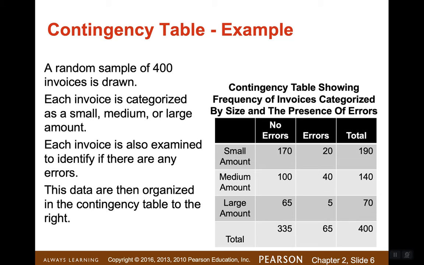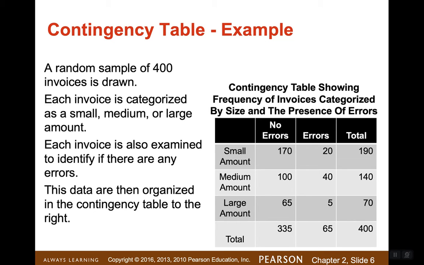To give you an example, once again, this is a contingency table for categorical data. Our scenario here is we have 400 invoices drawn, and each invoice is categorized two ways. One way is whether it's a small, medium, or large invoice. So we'll have some sort of gradation dividing up how many are in each class, and then we'll also identify if there are any errors.